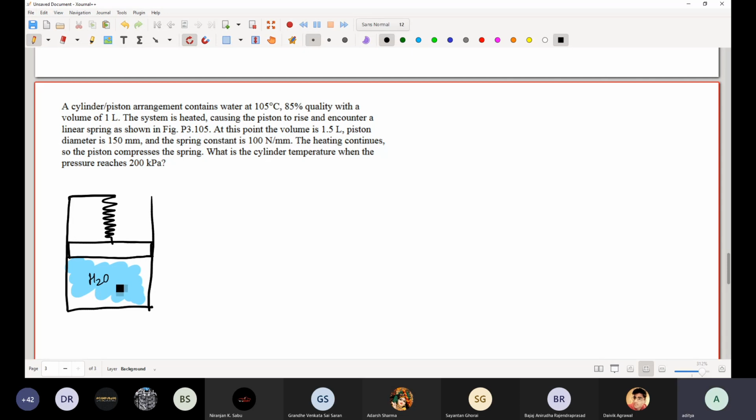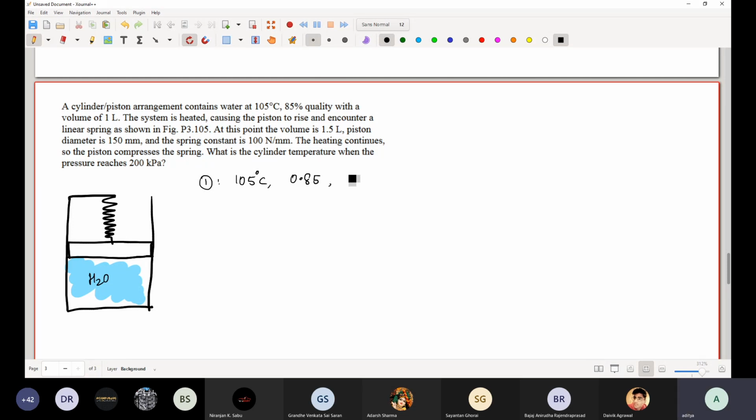It is given that state 1 contains water at 105 degrees Celsius, 0.85 quality. The quality is also reported as a percentage instead of a fraction, so we will just convert the percentage into a fraction.